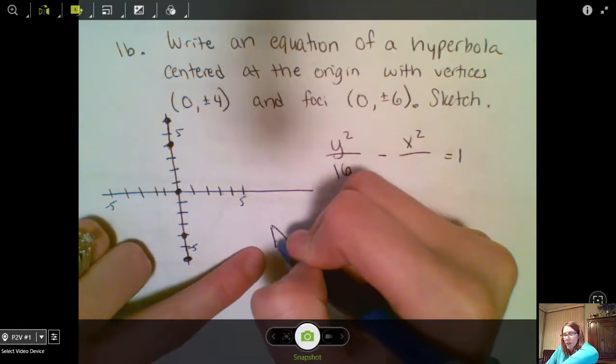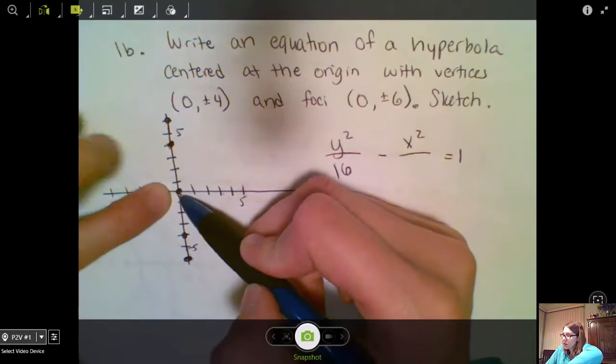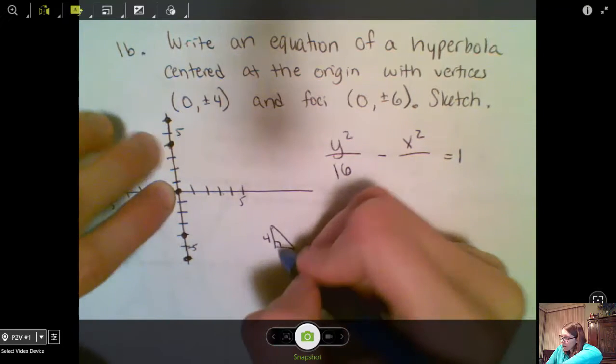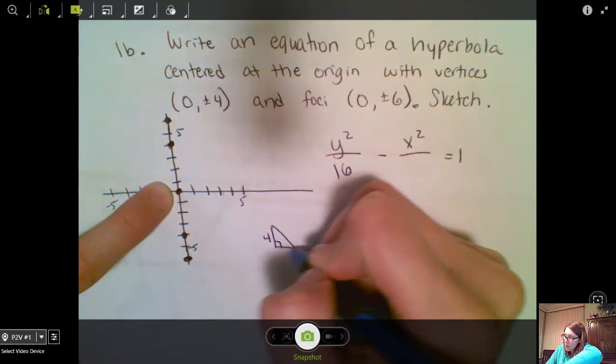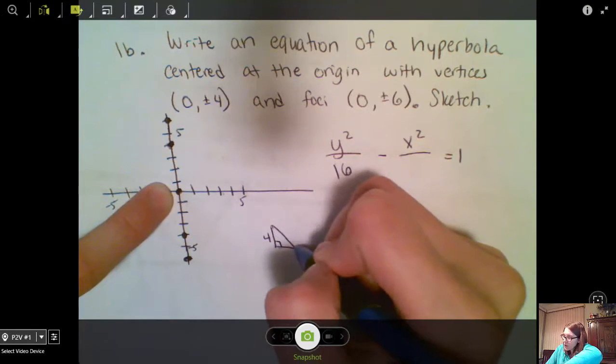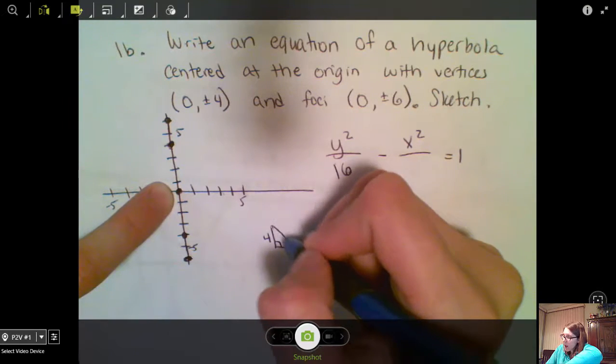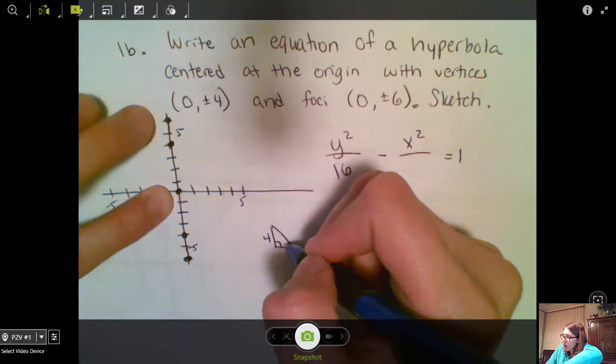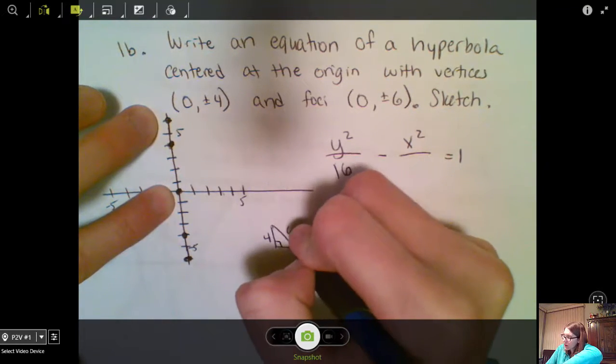This length is from the origin up to my vertex, which is 4. This length is the one I don't know, but my hypotenuse is the same as the length from the origin all the way out to my focus. This is 6 here.